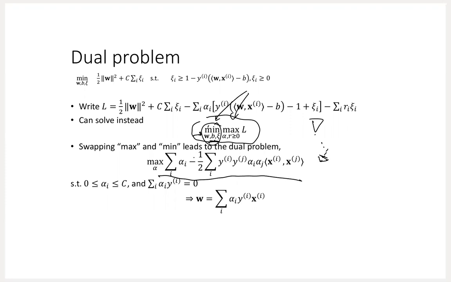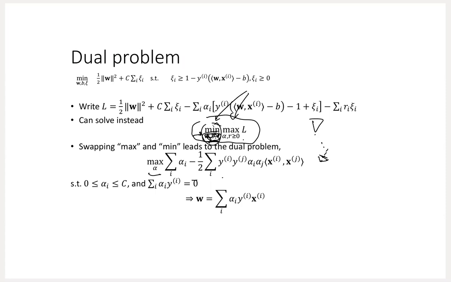And actually what's interesting here is that if you look at what's left behind, it's just that I'm trying to maximize over alpha here. Because you solve the partial derivative with respect to this equal to 0, all these dummy variables will be gone.